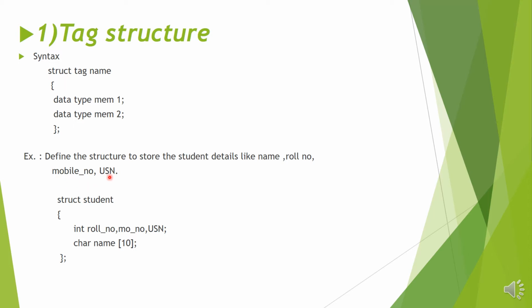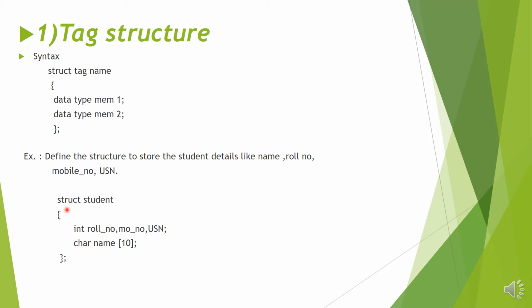Here we are using a structure because the name has a data type of character, whereas roll number, mobile number and university number belong to the integer data types. Such values cannot be stored in an array, so we have to define a structure so that dissimilar data types like integer and characters can be combined with only one variable name.